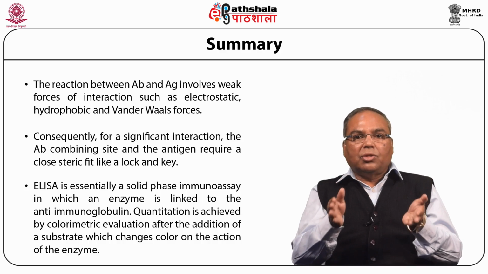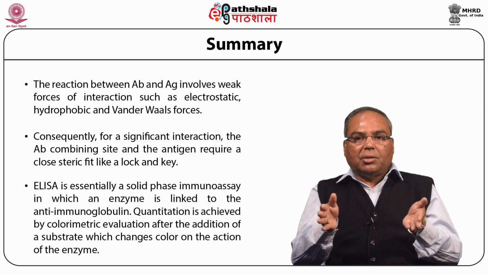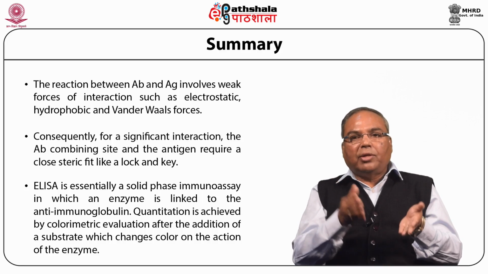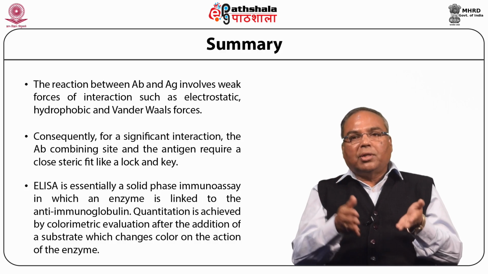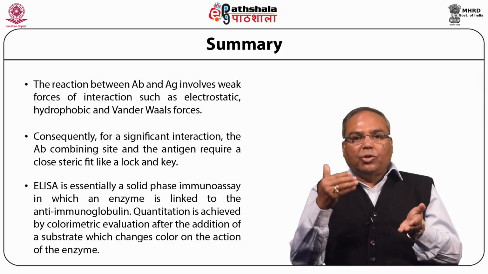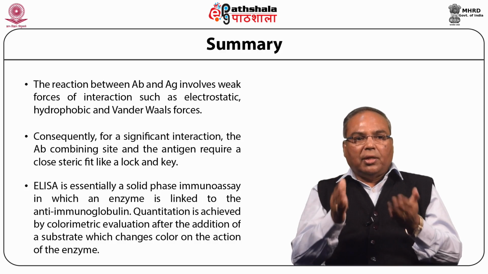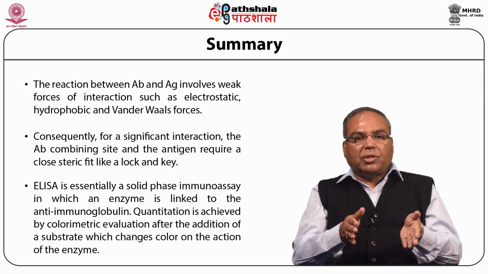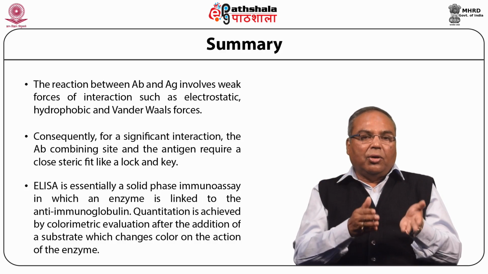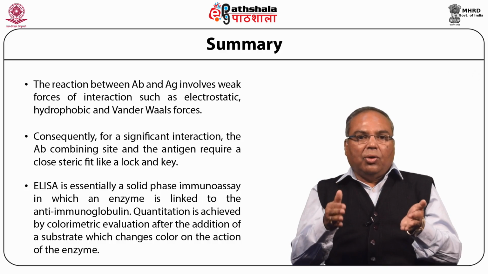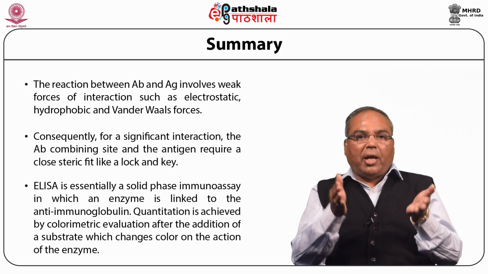All these techniques have their own importance, because if you want to know a very low concentration of antibody in a biological fluid, or a very low concentration of antigen in a biological fluid, you have to judiciously use either flow cytometry, or a fluorescence based immunoassay, or enzyme based immunoassay, or the radiolabeled immunoassay, which is up to you.